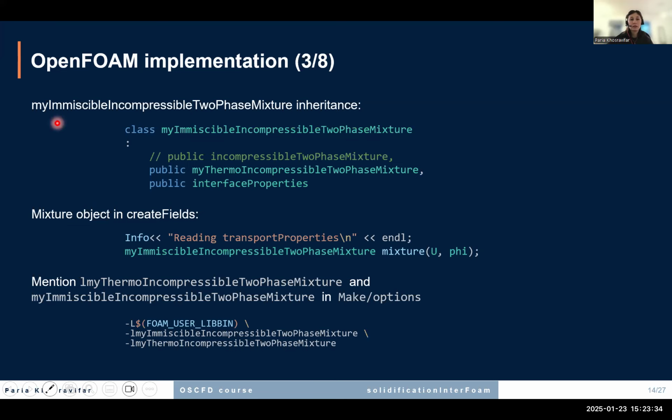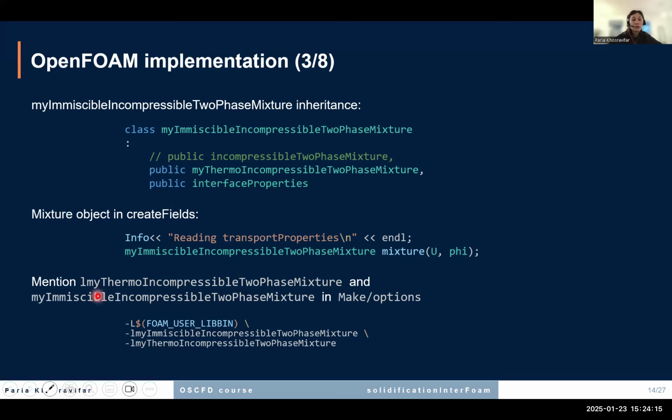In this case, I need to change this immiscible incompressible two-phase mixture, and instead of inheriting from incompressible two-phase mixture, it inherits from my thermal incompressible two-phase mixture. In this case, it will have access to all the functionalities of the incompressible two-phase and also thermal incompressible two-phase. And then, same as the interFoam solver, I defined the mixture object to get access to the functionalities of this library.